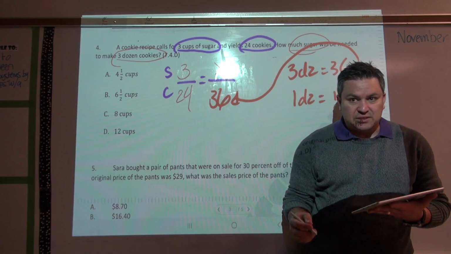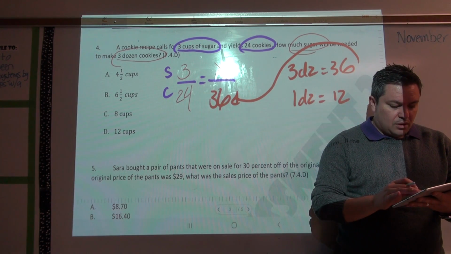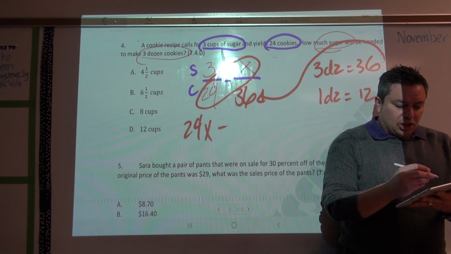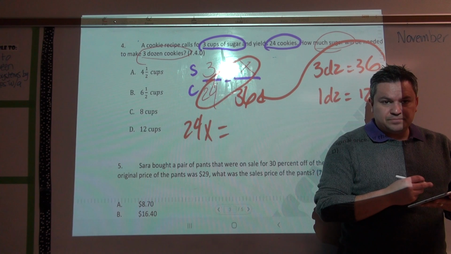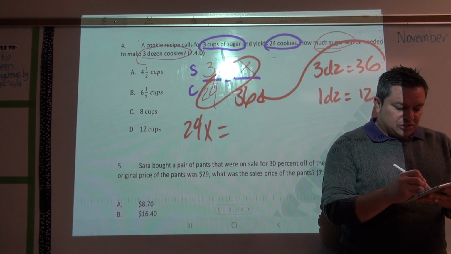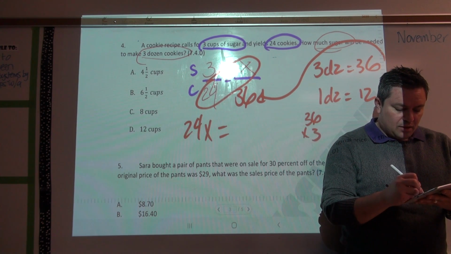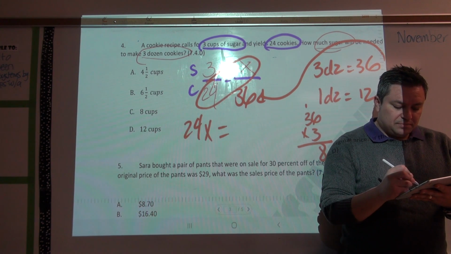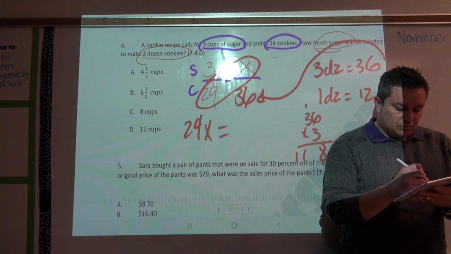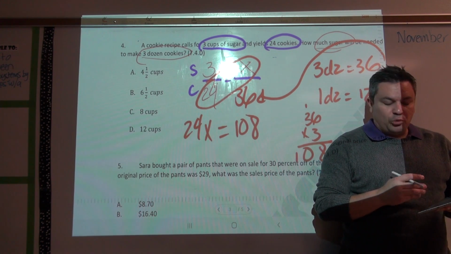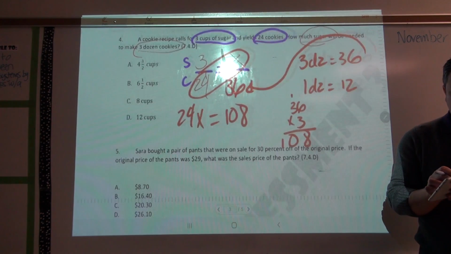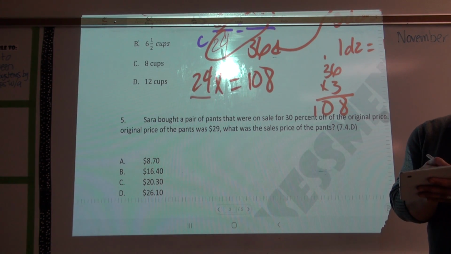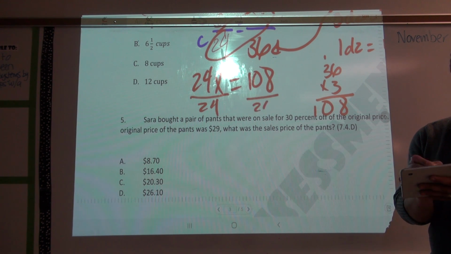Now we're going to solve for this. We're going to multiply 24 times x and 36 times 3, which is how much? 108. And my last step will be to solve for x by dividing by 24 on both sides.